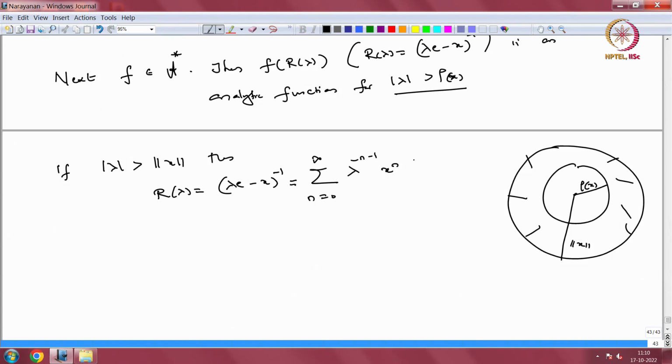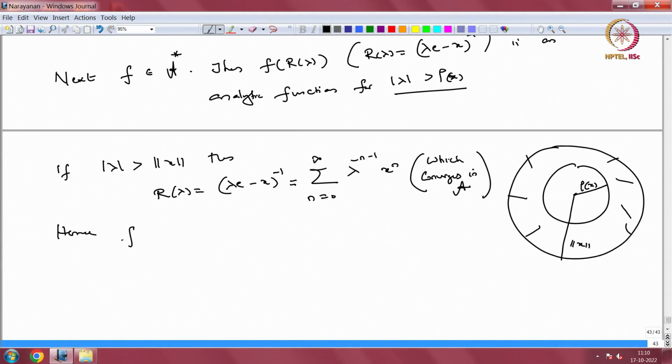We simply take lambda outside and then expand it. x by lambda has a norm less than 1, and so you can expand it in the infinite series. We have seen this before. So, this converges in the norm, in the Banach algebra A.